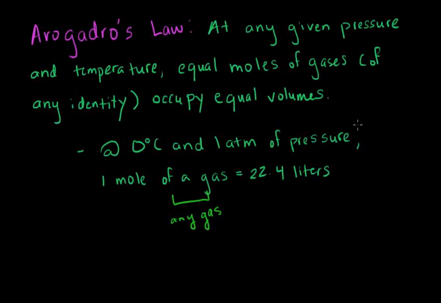This is called STP, or standard temperature and pressure. Whenever a problem says to take some gas at STP, you should know that STP is just referring to 0 degrees Celsius and 1 atmosphere of pressure. At STP, the volume of 1 mole of any gas, the molar volume, is equal to 22.4 liters.